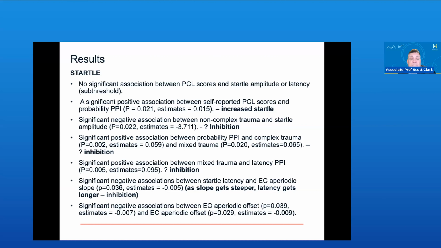There was a negative association between non-complex trauma and startle amplitude, which was interesting. I guess, again, potentially that's top-down inhibition, because we know from the previous EEG study that potentially these people are top-down inhibiting. But we got the same response with people with complex trauma, and I guess mixed responses across the rest of the data set.